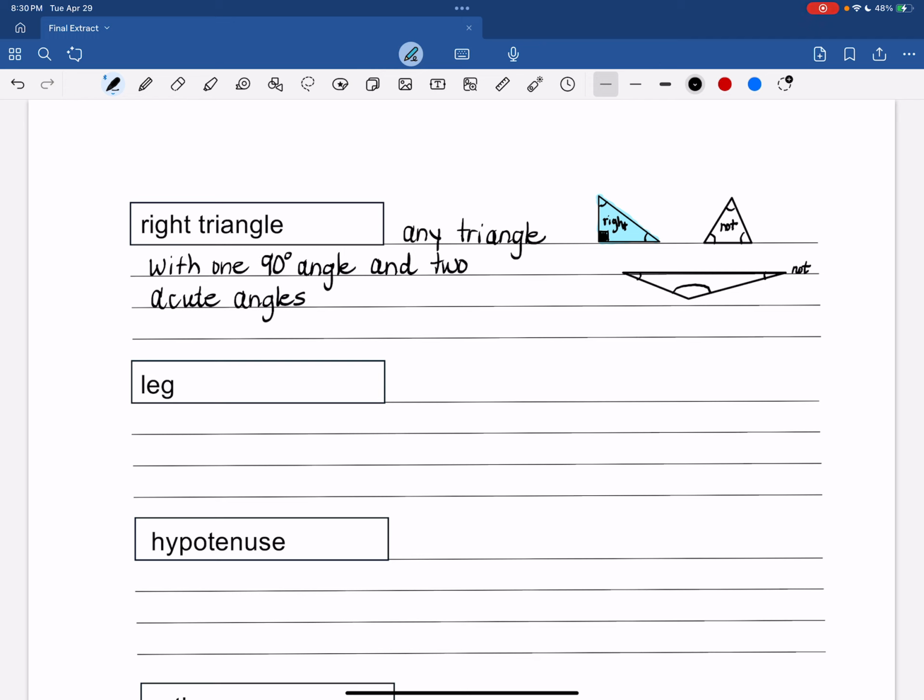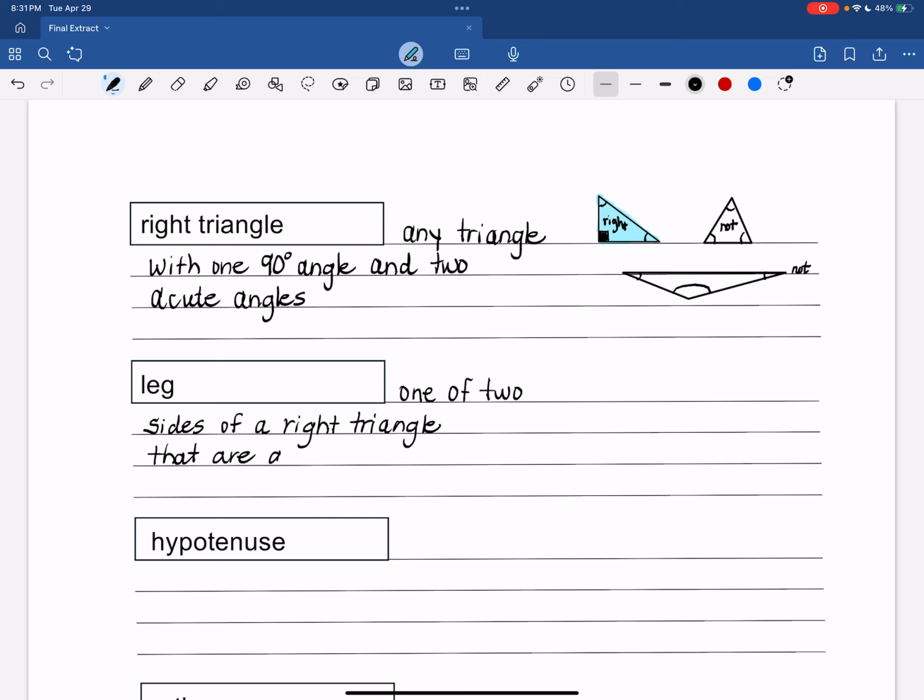A leg of a right triangle is one of two sides of a right triangle that are adjacent, meaning they touch.